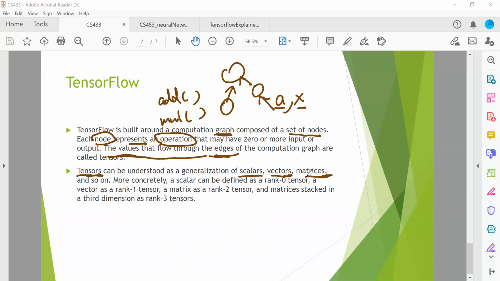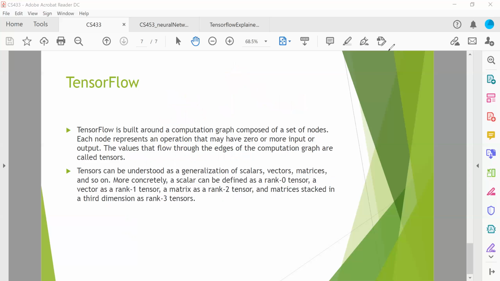A scalar is generally a rank 0 tensor, a vector is a rank 1 tensor, and a matrix is a rank 2 tensor. You can stack matrices in a third dimension to get a rank 3 tensor. All of this is math background, and we don't need to worry too much.